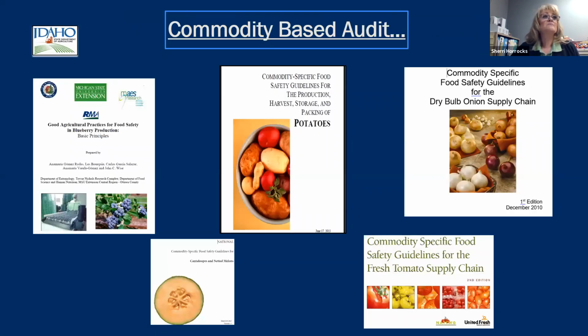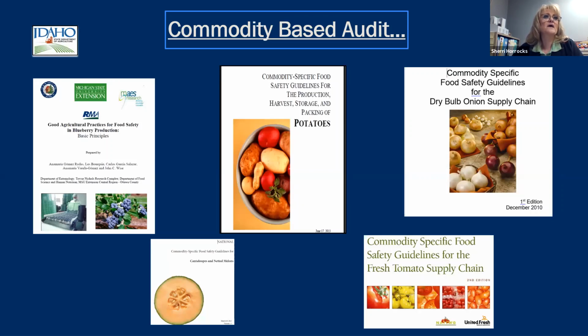So it is a commodity-based audit. What that means is that I will always send an auditor out to you that understands your commodity. If you are growing onions, the auditor will understand the commodity specific for onions. They will understand commodity specific for cantaloupes, as well as blueberry, tomatoes, and any other type of commodity.